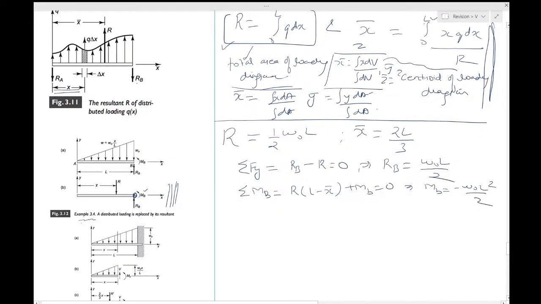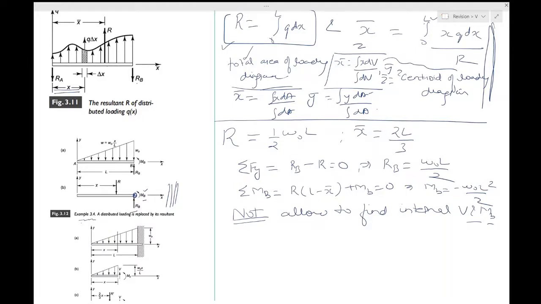Again, I'll repeat, this method does not allow you to find the internal V and MB. Only the external ones are okay. I mean, this RB and MB is fine, and we have made that claim before, and we are making that claim again.